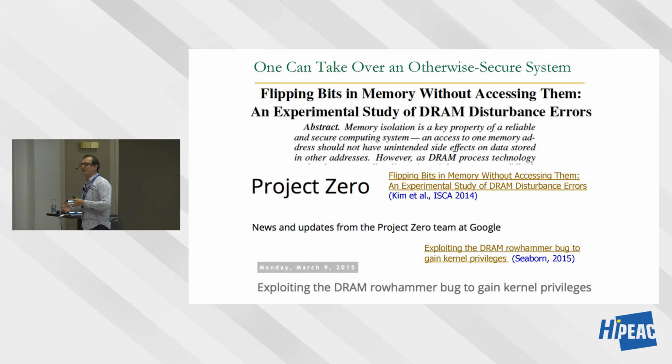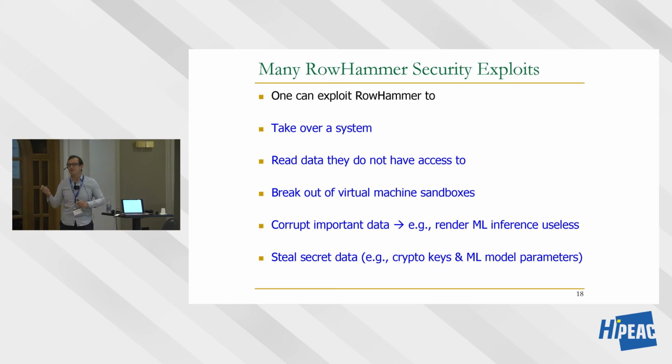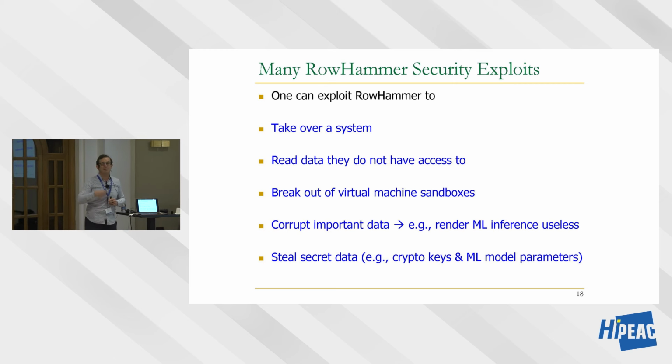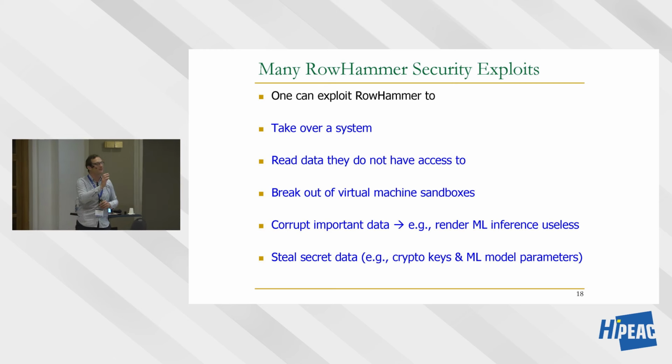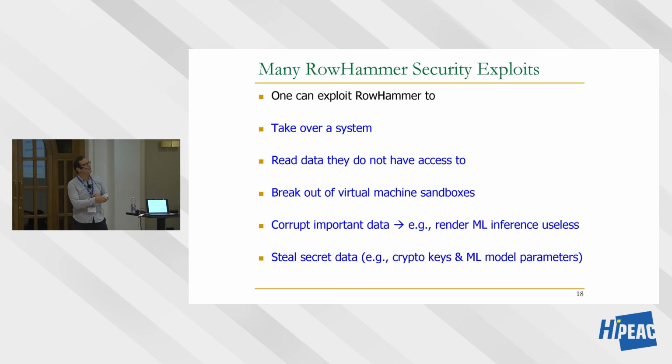When we wrote the paper, we didn't do that. That's a lot of work, a lot of security engineering. But there was no question in our mind that you could do a lot of harm to a system if you get a bit flip. And before I go into what they did, I should say that this sort of bit flip, if you can induce it reliably many times, and Rowhammer is that sort of bit flip, we'll talk about that, you can take over a system. You can read data you don't have access to.